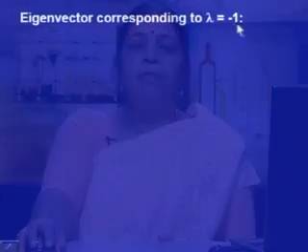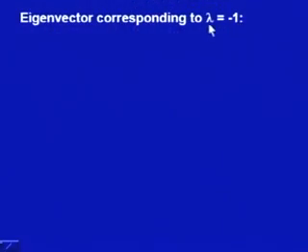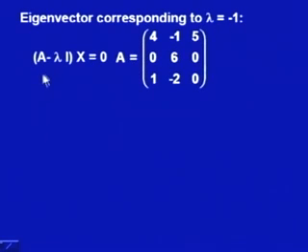Once we obtain eigenvalues, the next step is to obtain eigenvectors. We have to obtain eigenvectors corresponding to each of the eigenvalues one by one. So I start with lambda equal to minus 1. For this I have to form the matrix equation A minus lambda I times x equal to 0, with lambda equal to minus 1 and A the given matrix.